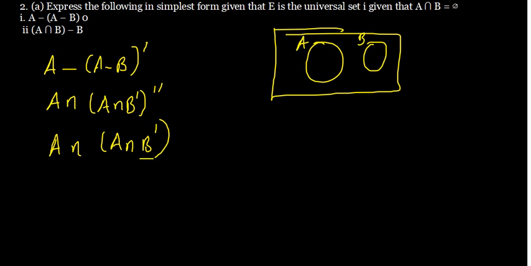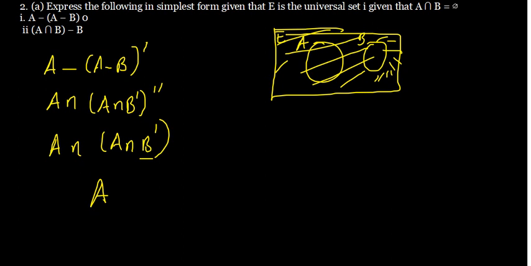So if I'm talking about A complement, we've been told we also have the universal set here. If I'm talking about B complement, it is going to refer to this part. Now we want where that part intersects with A. So you see that the answer is going to be what?